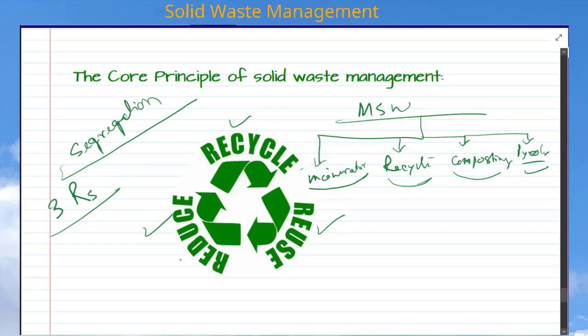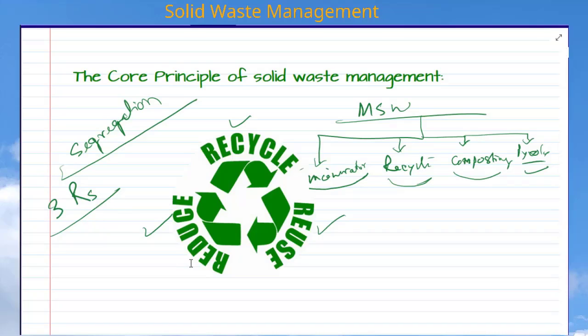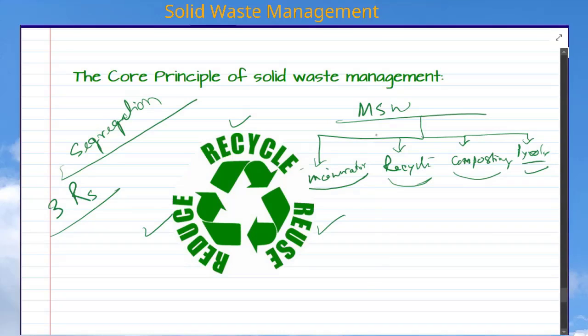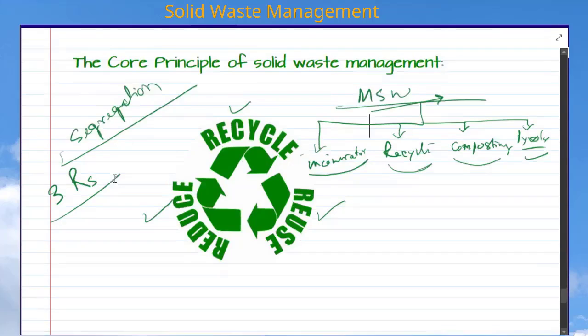So this practice starts at our domestic level, home level. If at the domestic level, at the individual level, we segregate the things, then the work of the municipal solid waste disposal system becomes much easier. Accordingly, the things can be disposed of or processed depending upon the nature of the materials.